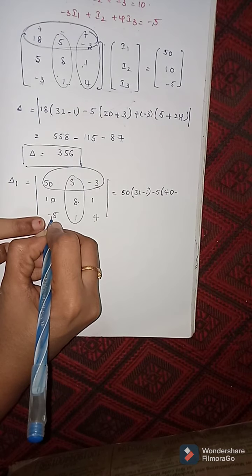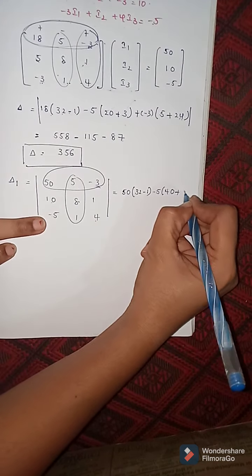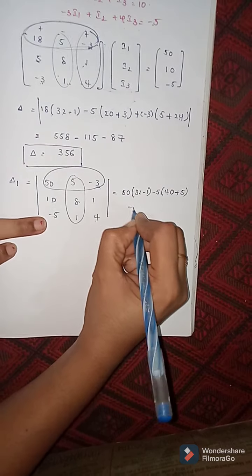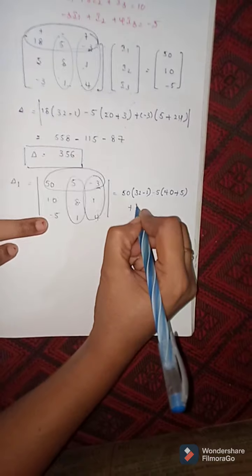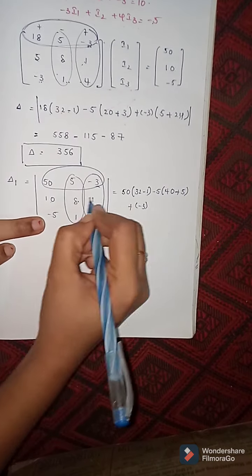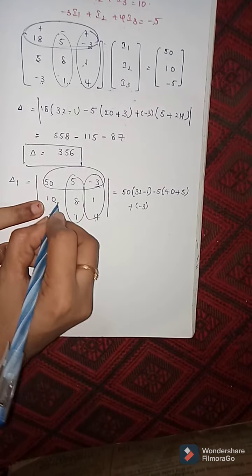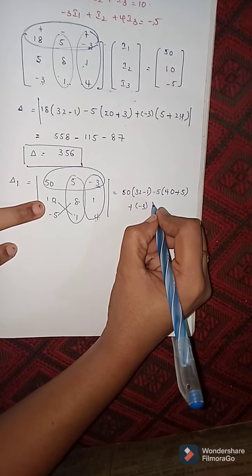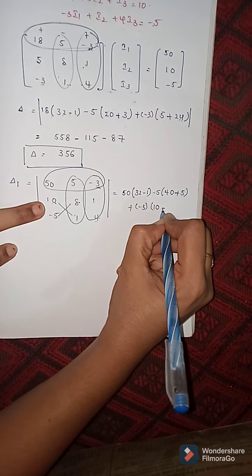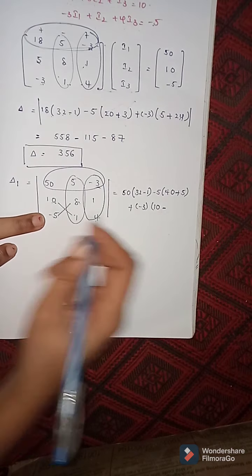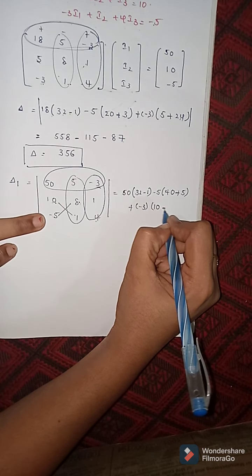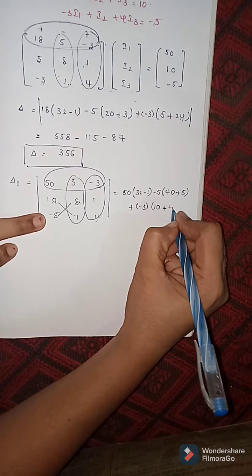Here minus 5, so minus into minus plus 5, plus minus 3 into 10 1s are 10 minus 8 5s are 40. Here minus 40, so plus 40.